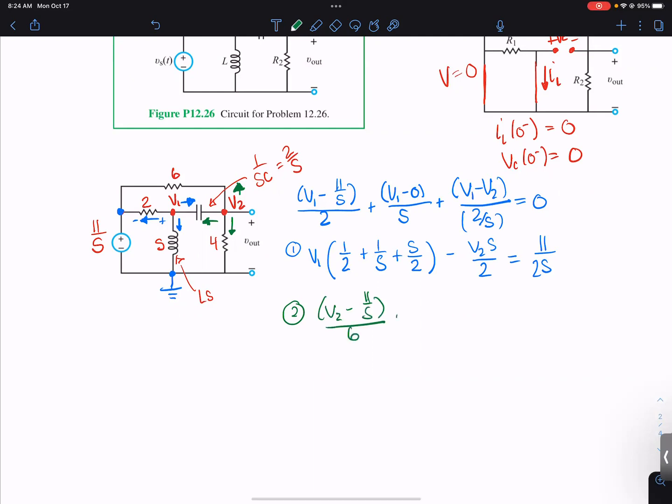Correct. The one through the capacitor. Correct. And the one through the 4 ohms. Correct.